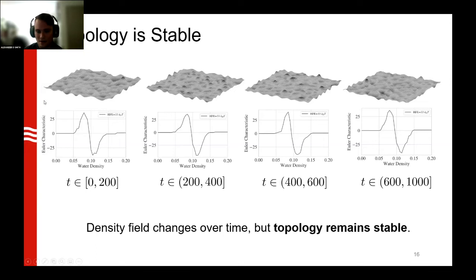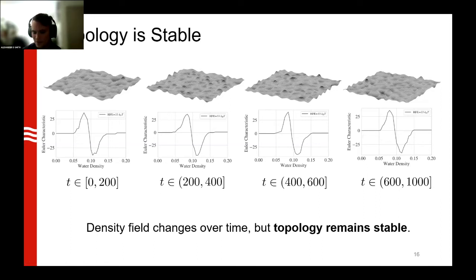I don't want to sample at the beginning of the simulation versus at the end, after the system is already equilibrated, and get a dramatically different result in the way I'm quantifying these systems. Here we have different time slots where we've averaged between 0 and 200, 200 and 400, 400 and 600, et cetera. What we can see is that while the density fields look different, the Euler characteristic curve is almost identical for each of these systems.